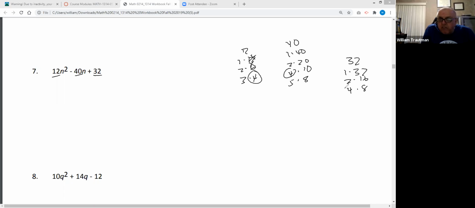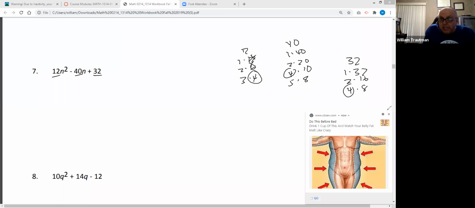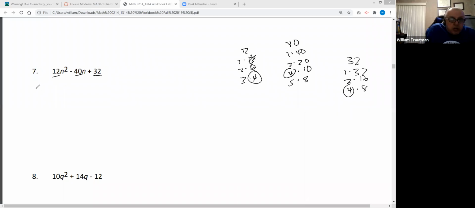It looks like 4 is the GCF, and there's no n here. So we're going to factor out a 4.